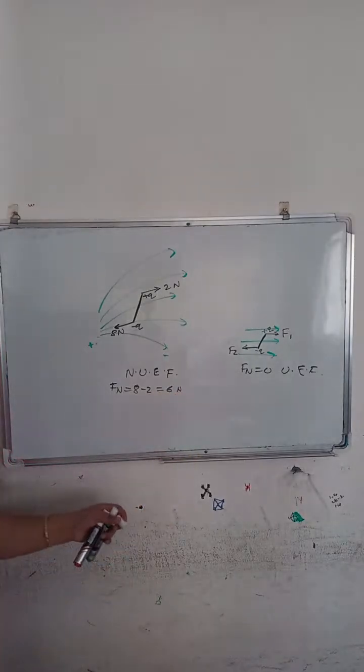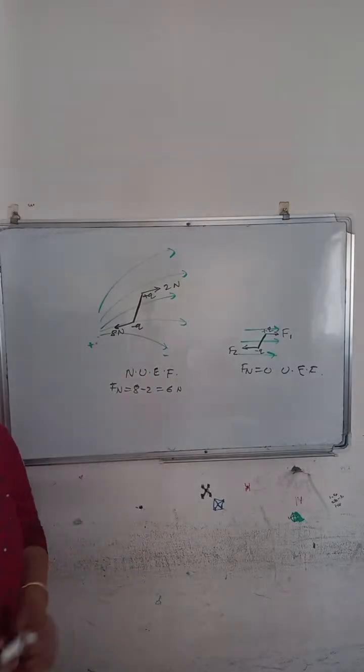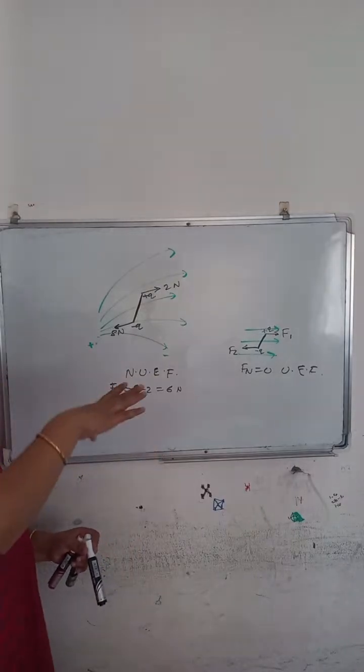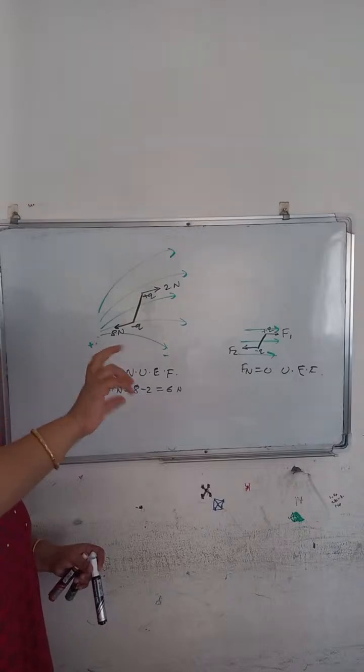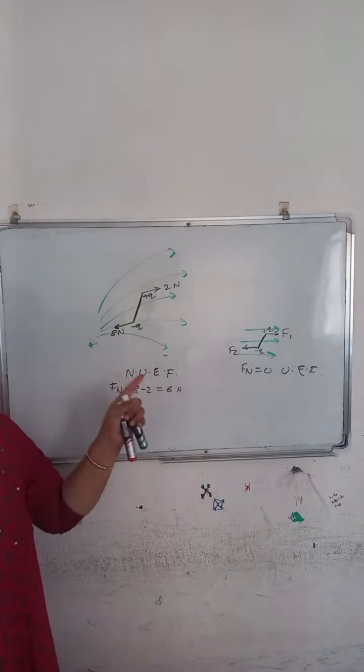Some force is present, that is for sure. In a non-uniform electric field, that will not be 0. And of course, if it is kept in a non-uniform electric field, there is also a generation of torque. So here both force and torque are present.